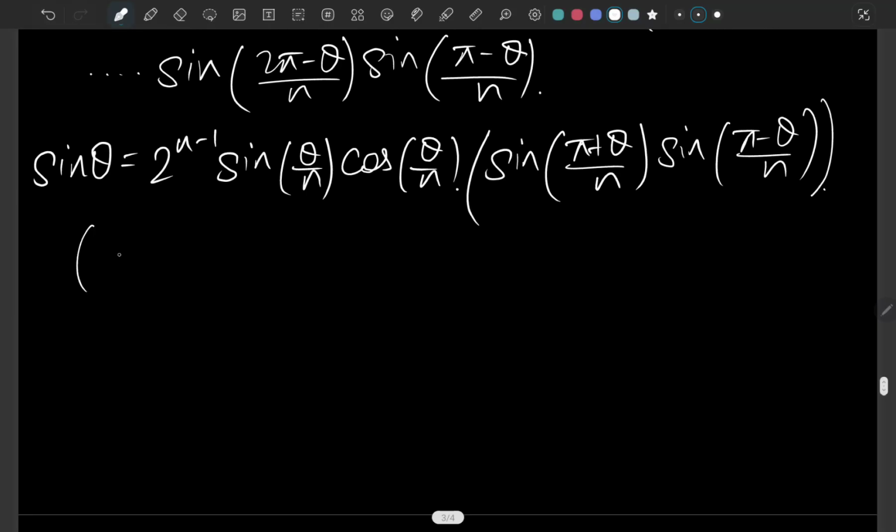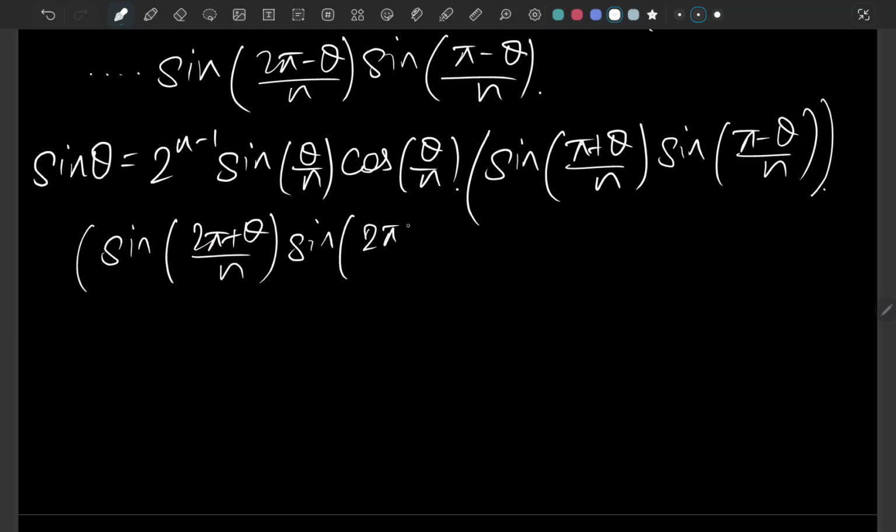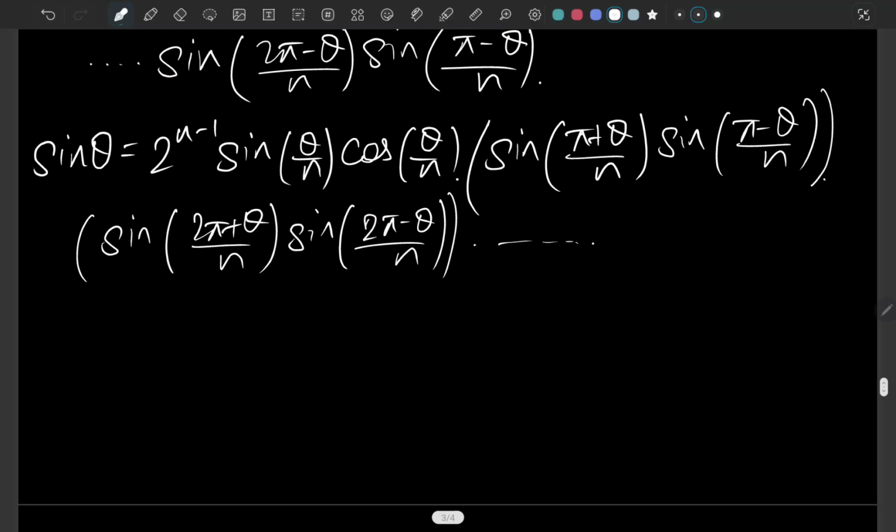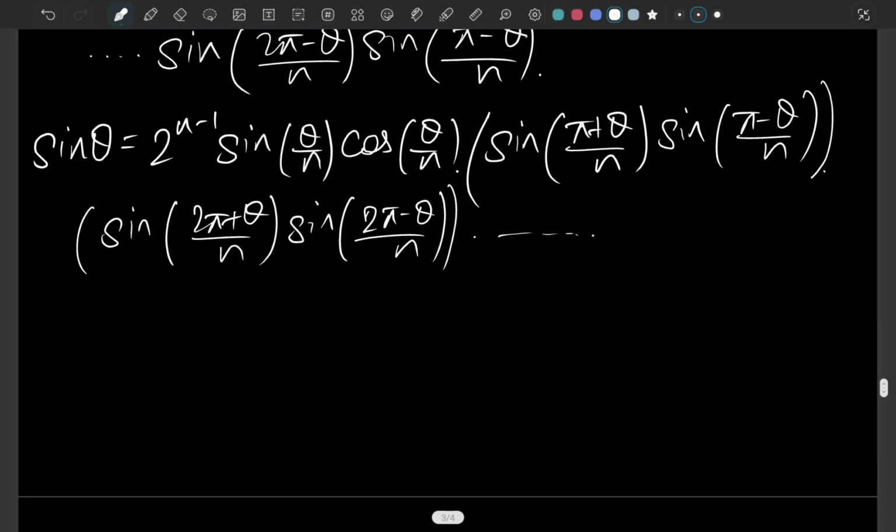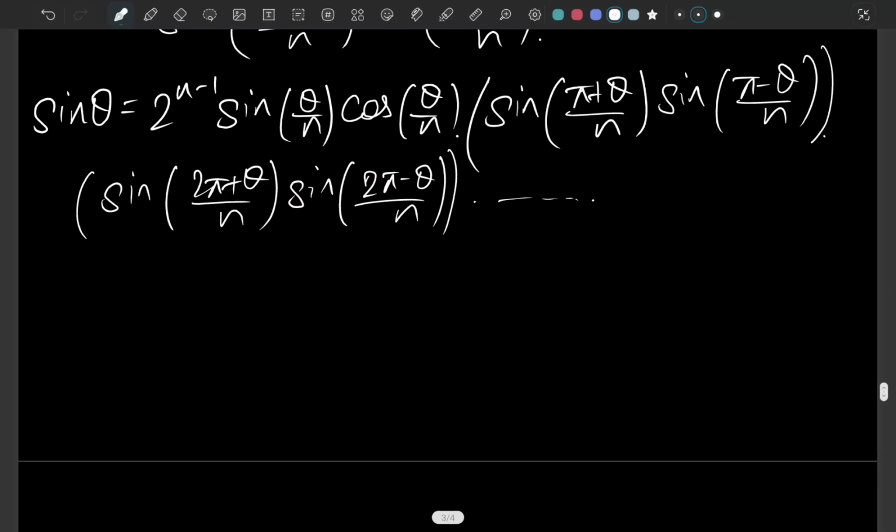Then sine of 2 pi plus theta over n and sine of 2 pi minus theta over n, and this goes up to infinity because n is tending to infinity, right? Or else we can write some terms, but let's not do that here for a little bit.